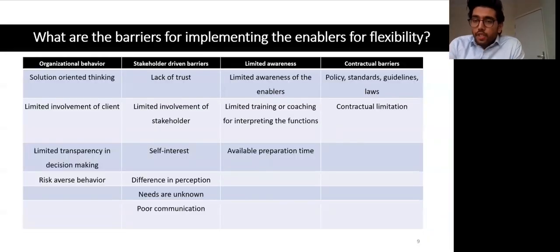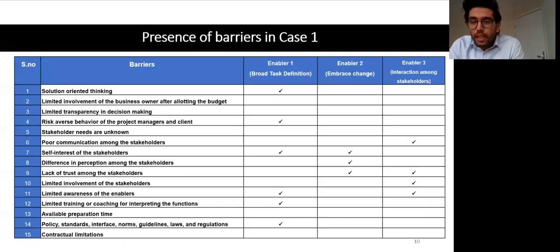This table is also shown in the prior slides, and the reason to show it again is that now we wanted to observe the presence of these barriers in case 1 until the time value engineering was introduced in the project. The table reflects the number of barriers experienced by the project team until the time value engineering was introduced in the project.